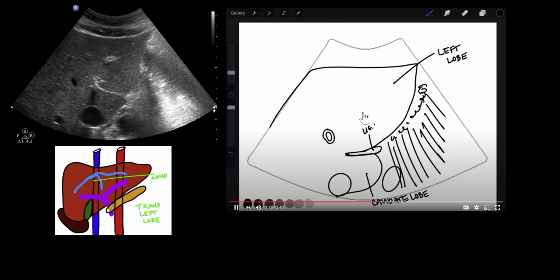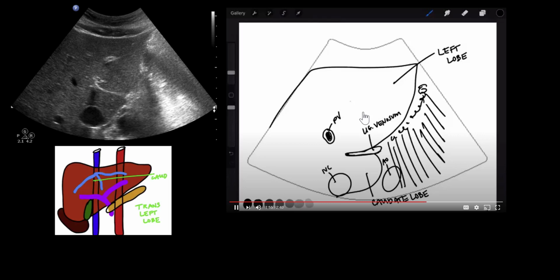Again, the ligamentum venosum serves as a major landmark for this picture. We should be able to see the IVC, possibly part of the aorta depending on gas in the area, and we might be able to see some other structures such as hepatic veins and portal veins, although they are not major landmarks.